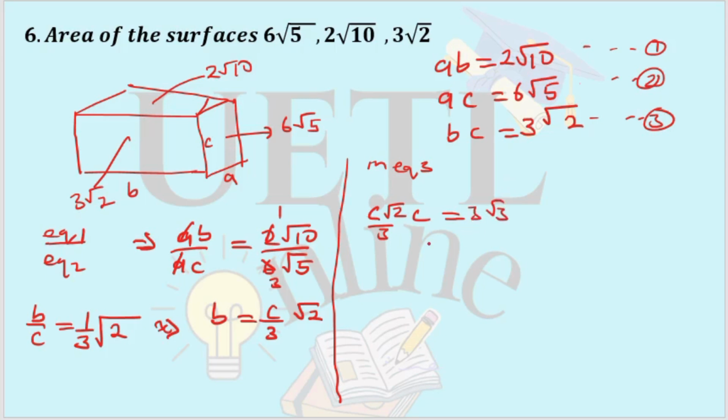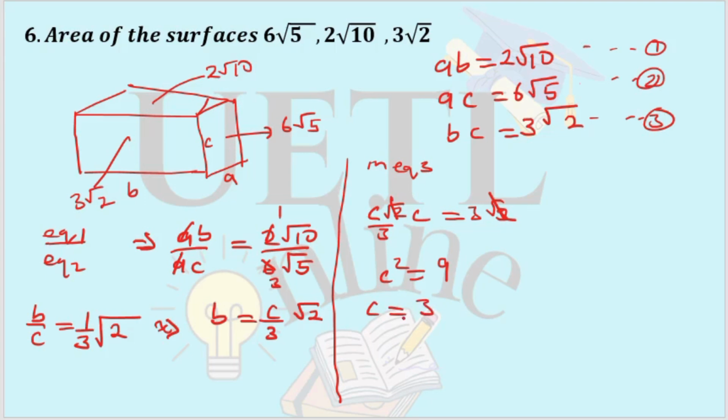We have a root 2 here and a root 2 here, so C squared is equal to 3 times 3, which is 9. So C is equal to 3.